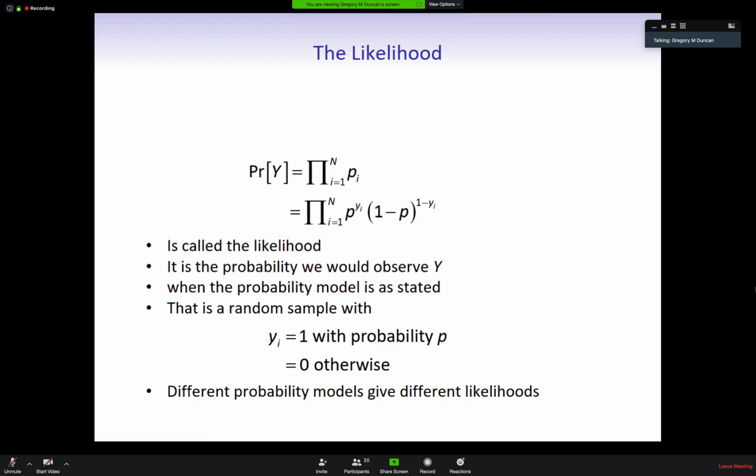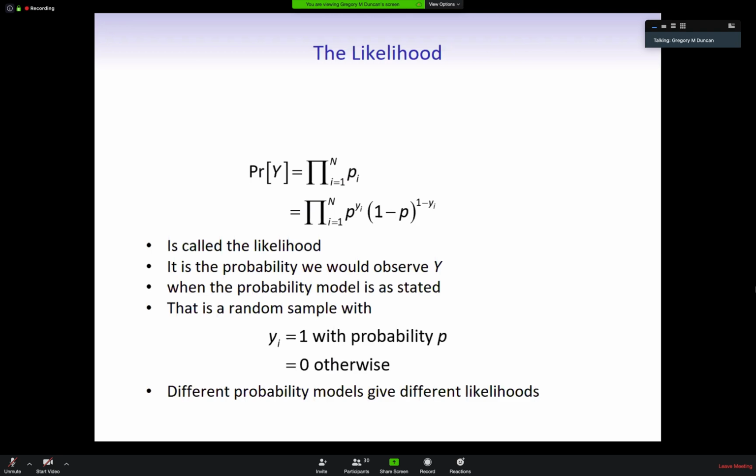Different probability models will give us different likelihoods, but the point here is now we have the data and we ask the question: the data are correct, we know what they are. Let's write down the probability of seeing those data as a function, oftentimes, of unknown parameters. Here it's P.